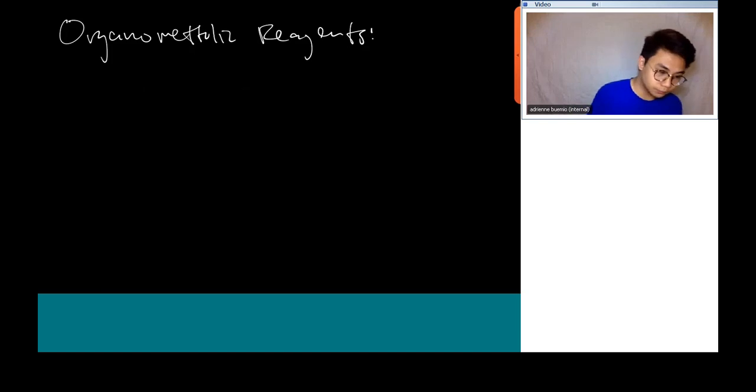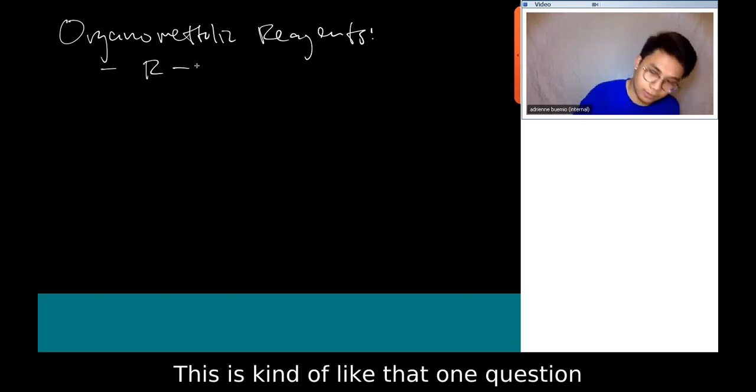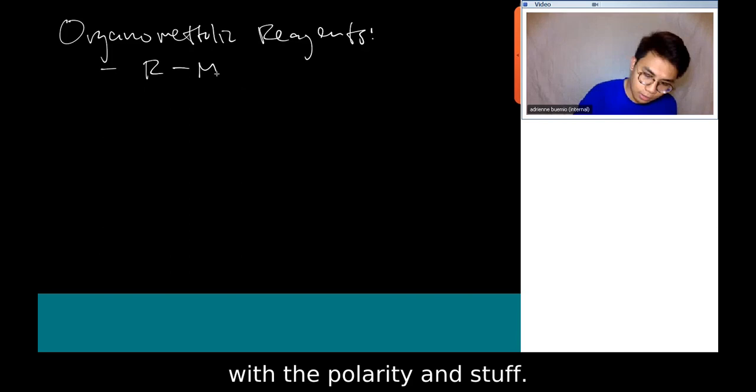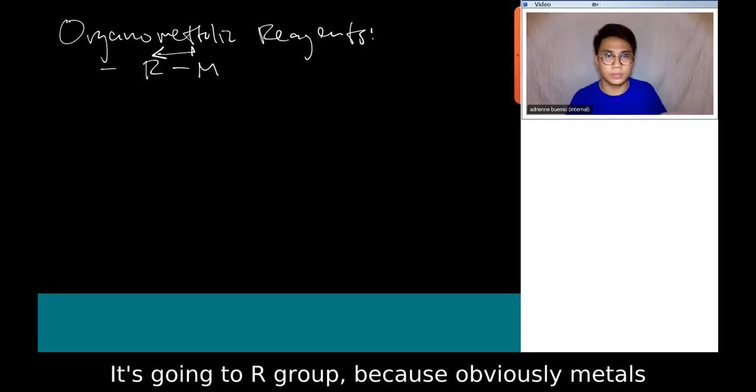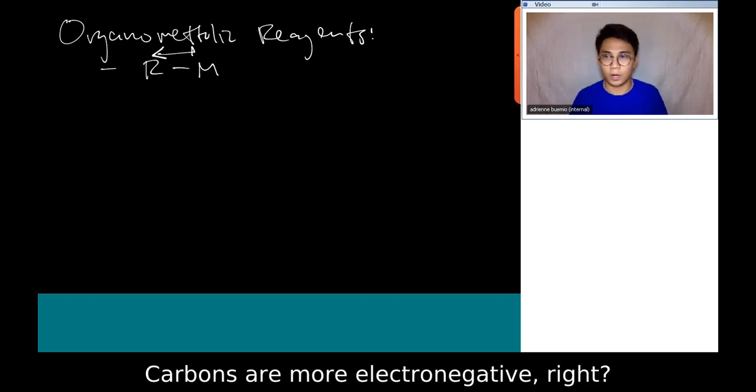Reagent. So we have this. This is kind of like that one question with the polarity. This is kind of what the dipole should look like, right? It's going to the R group because metals are not electronegative, carbons are more electronegative.